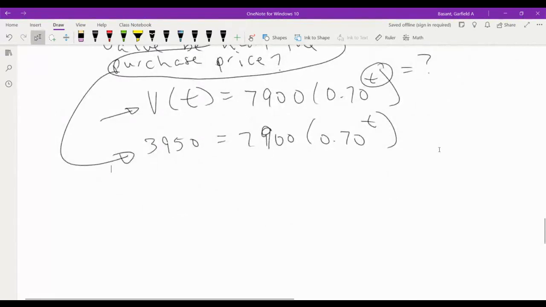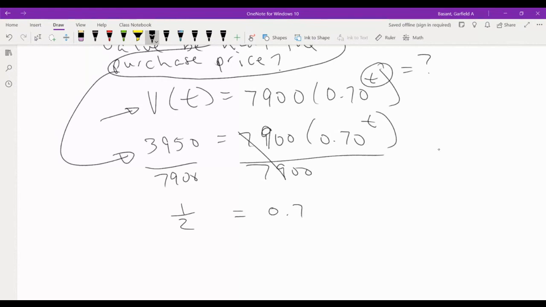Now, how do we solve this? We're going to divide both sides by 7,900, which gives us 1/2 is equal to 0.70 to the t. And we can take the ln of both sides. So you're very close there, Faith.